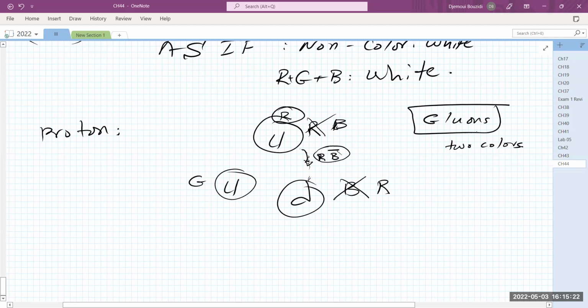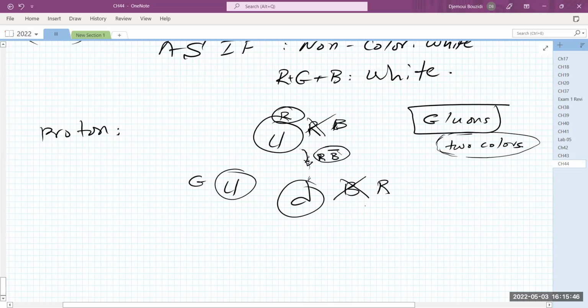I'm sorry, it's a combination of two colors. Okay, it's red and blue, not red and blue, red and anti-blue. So when you combine red and anti-blue, you get a cyan or some other color. Okay, so you get a definite value in here, which is a combination of the two. Again, that's another value, but it's a definite value in here.